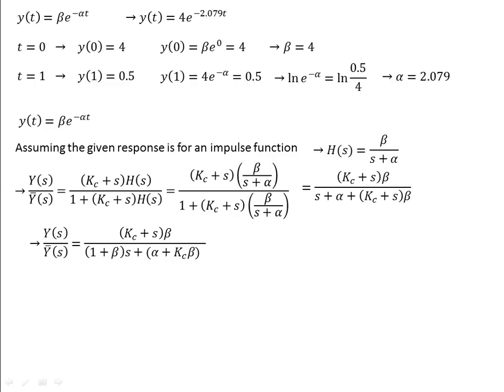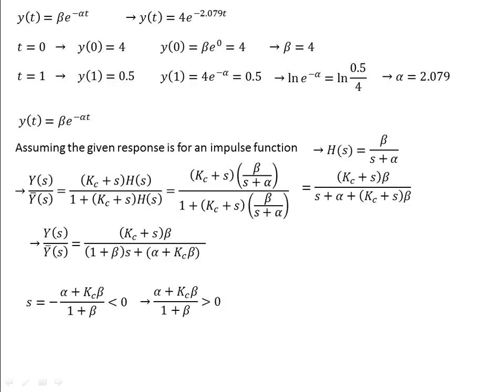Since the stability of the system is related only to the poles, we just look at the denominator. So the pole of the system is equal to minus (alpha plus Kc beta) over (1 plus beta). In order to have a stable system, this pole should be negative, so we put this less than 0.